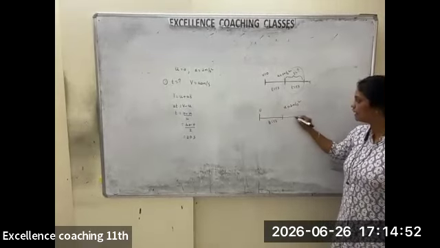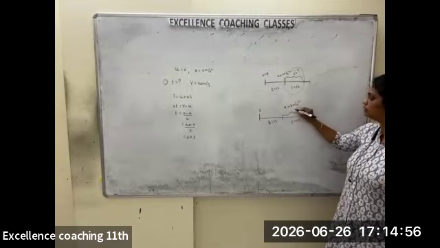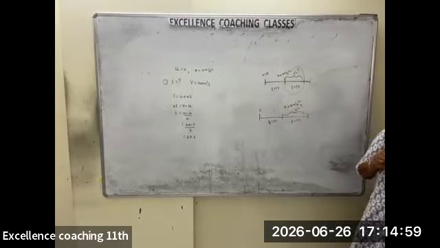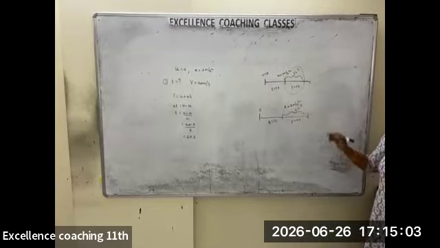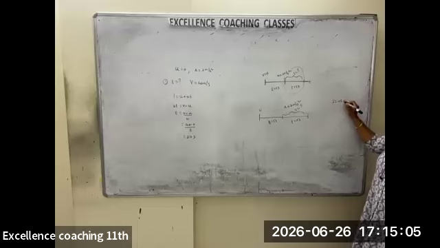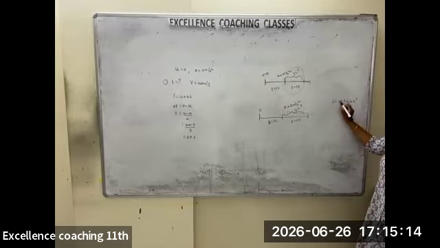After the first 5 seconds, in the next 5 seconds, how much is the distance covered? That is asked. To find the distance covered, which formulas do you have? One is s is equal to ut plus half at square, and the second one is v square is equal to u square plus 2as. To find s, do you know the value of u? What is the value of u?